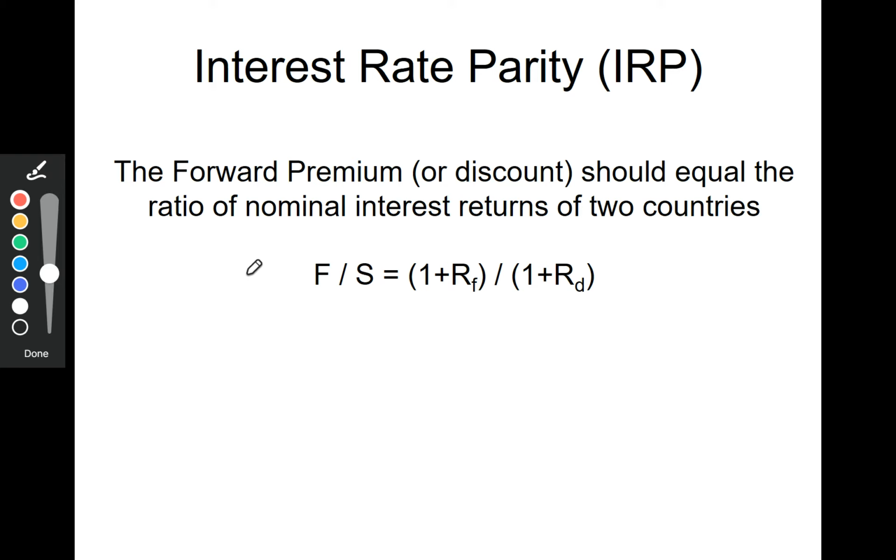Real interest rate is when we adjust this 4% for inflation. Imagine that inflation is 1%. We write 4 minus 1 equals 3%, and we say real interest rates are 3%.